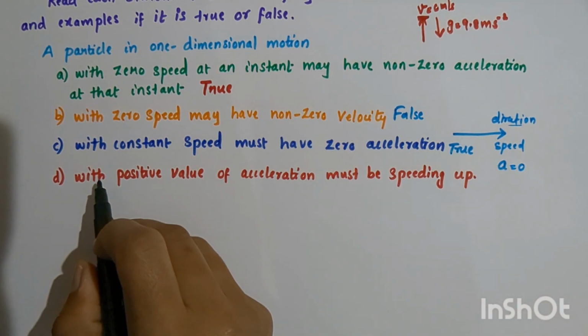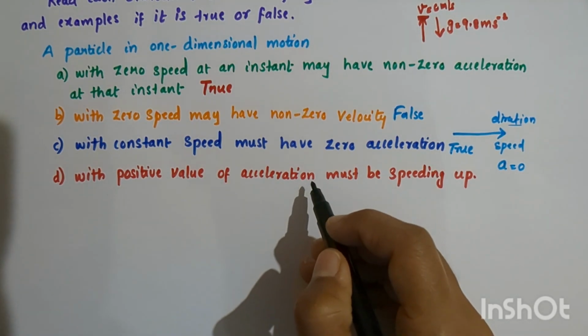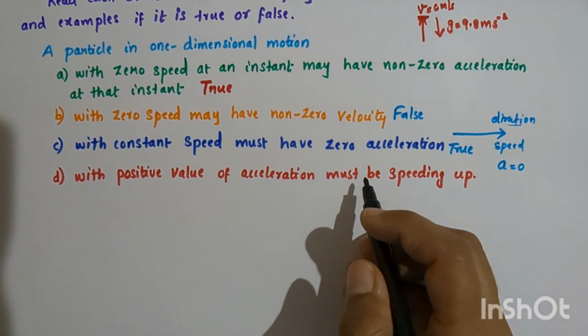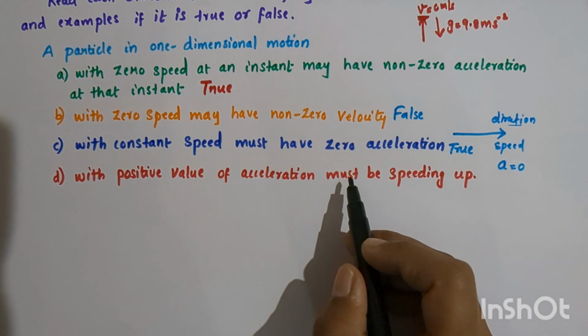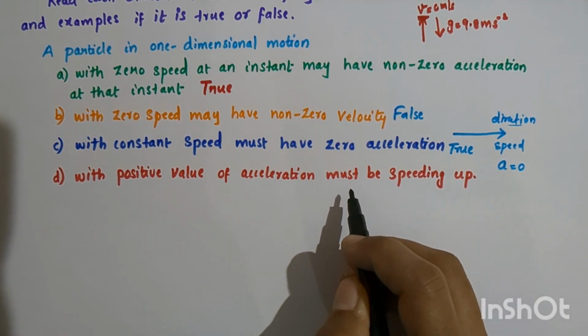Now let us see the last one. A particle in one-dimensional motion with positive value of acceleration must be speeding up. You see, it actually depends upon the coordinate system taken to explain the motion of the particle.